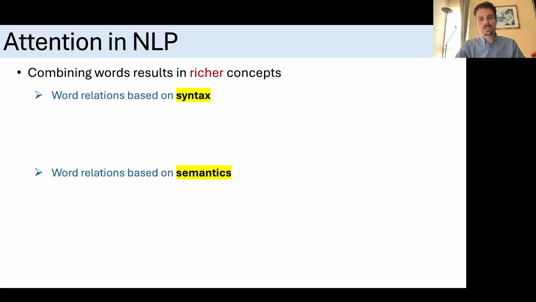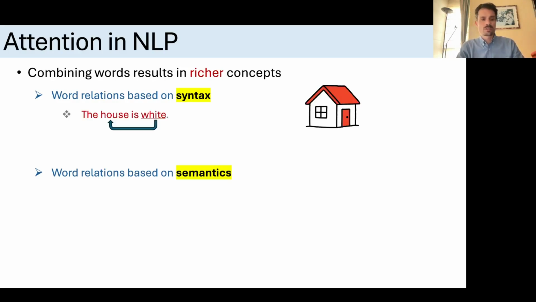And we typically think of two different classes of interactions, those essentially dictated by syntax, and those determined by the meaning of the words. So, for example, here in this sentence, the house is white. We know by the syntax that white refers to house, right?